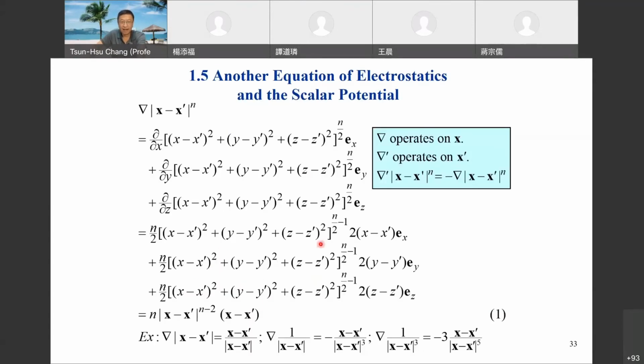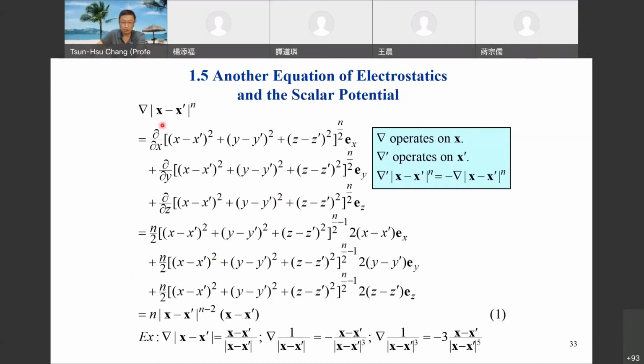Okay, and that's another simple mathematics you can calculate by yourself. But I just write it down for you so you can understand easily. But remember, try to derive this equation by yourself.